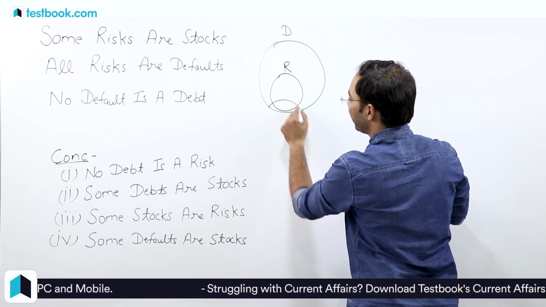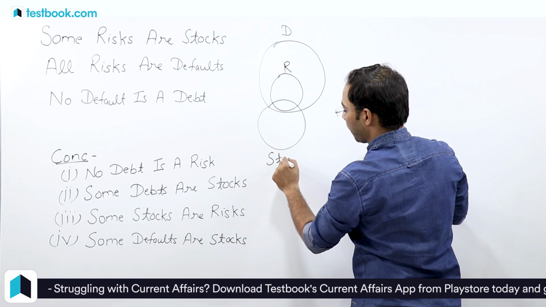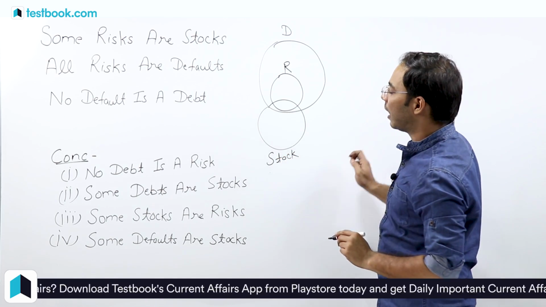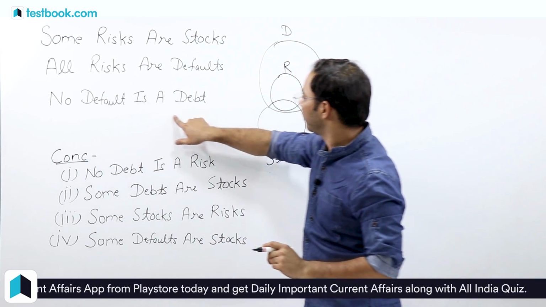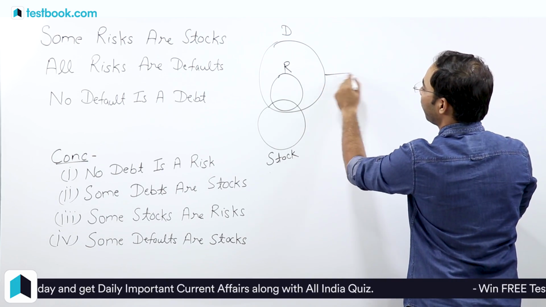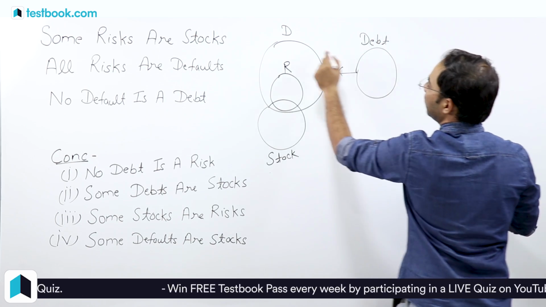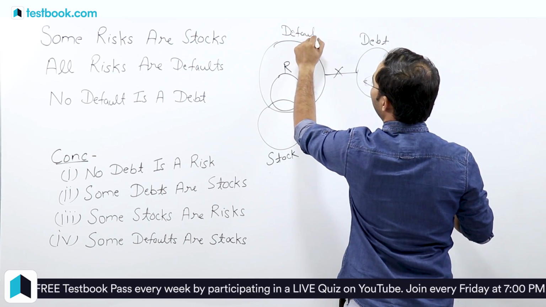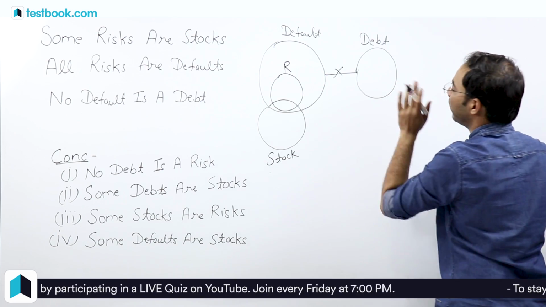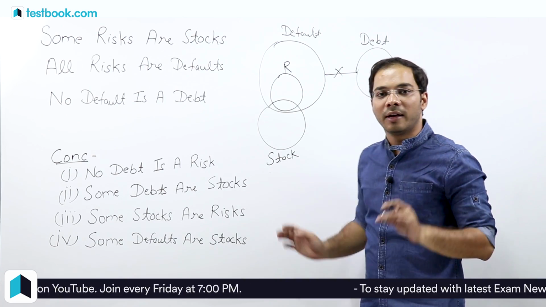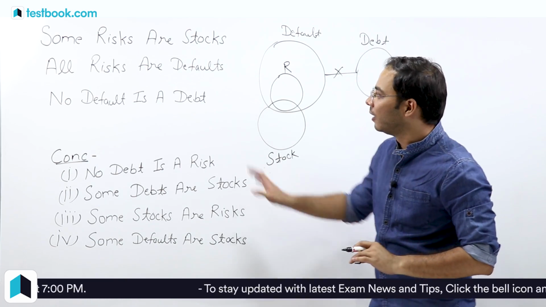So these risks will be stock. Okay. Now third one is no default is a debt. This is default and this will be your debt. Now this is your least possible Venn diagram for this statement.